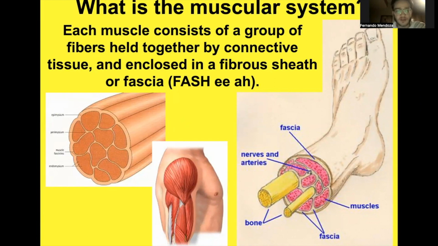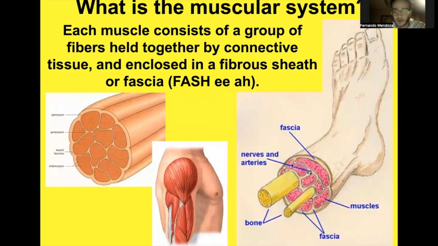This is the connective tissue, and the tissue between it are the fibers, and these are going to be enclosed in a fibrous sheath or fascia. This is the correct anatomical word, the fascia.